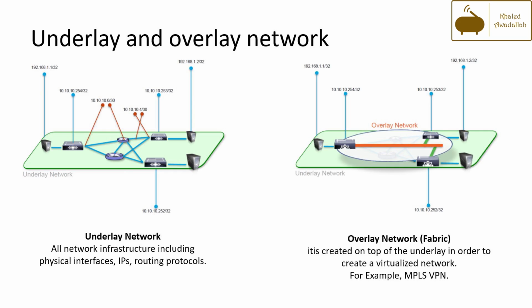The core network, the underlay, has many VLANs and IPs that this MPLS VPN can't see. So, for example, your customer can't see your core routers, although without your core routers you can't build the customer MPLS VPN. So the MPLS VPN is one of the overlay networks.